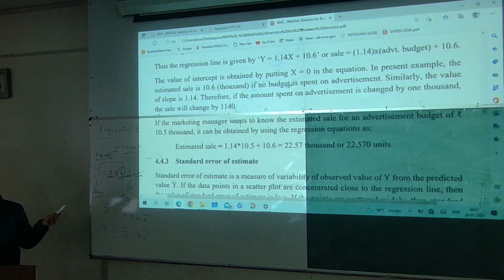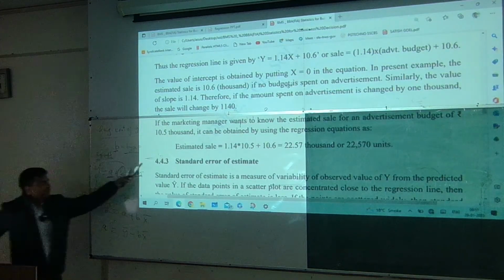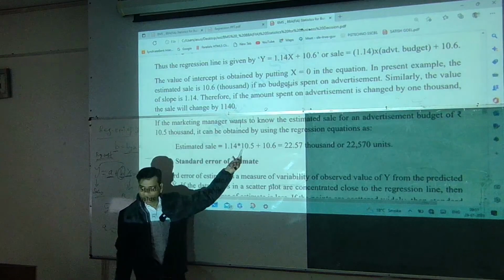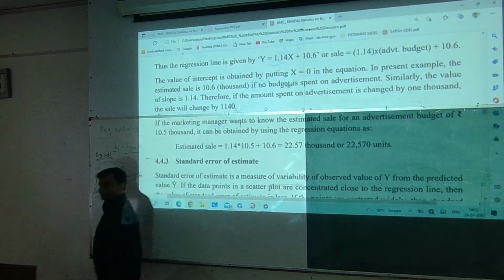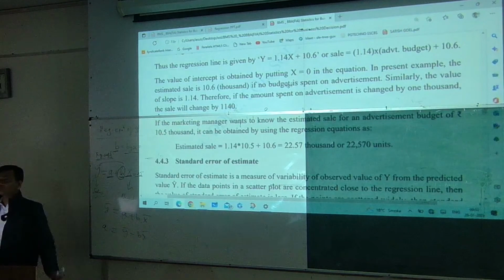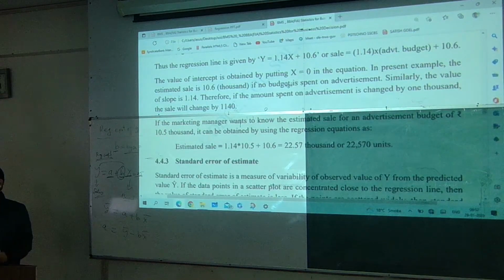Just put the budget value, that is the x value, as 10.5, and your y value comes out. Estimated sale would be, this is your budget x, so it is 22.57. So this is the aim of regression. The final aim is you can predict the y value for a given x. Therefore this equation is called the regression equation of y on x.